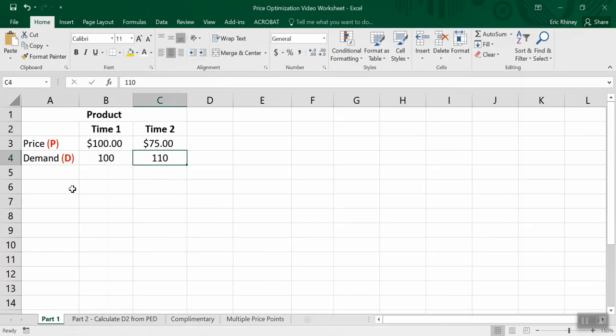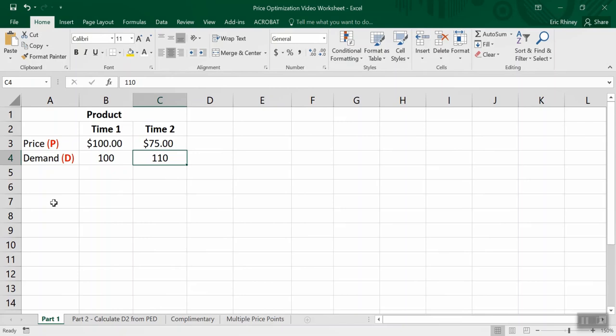All right. So again, ultimately what we want to do is come up with a demand equation that we can use to solve or optimize our price in order to maximize our profit. So we want to come up with profit. The way we come up with profit is that we have to have certain variables. We have to have a price variable.